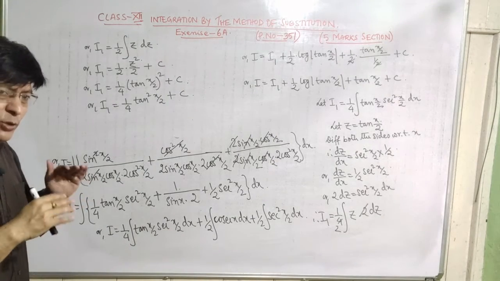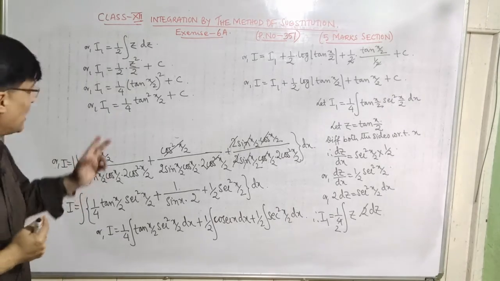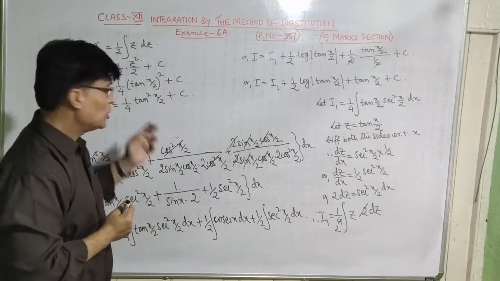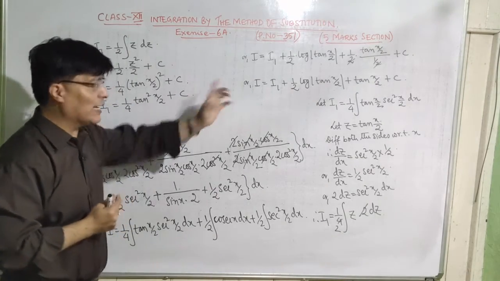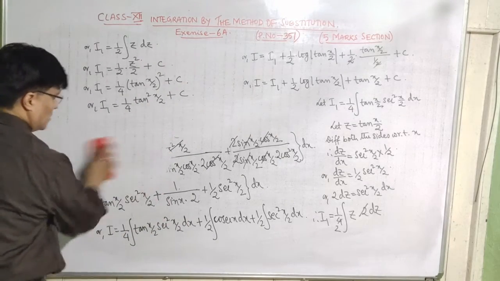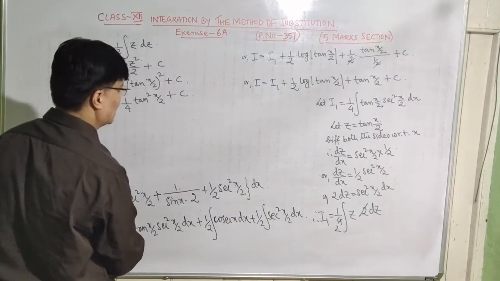So now actually we are finding out the value for I1, actually we have to get the value for I, isn't it? Not I1. This is not the answer. So let us put this value of I1 in I. So let us write down the value for I here.